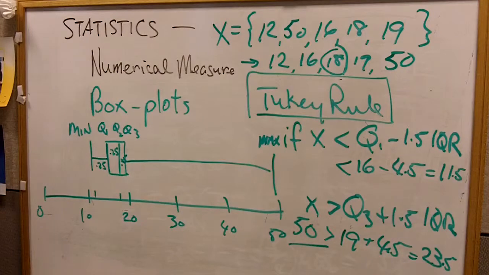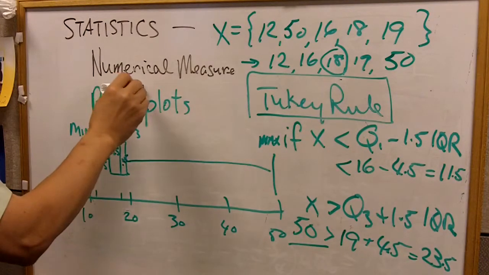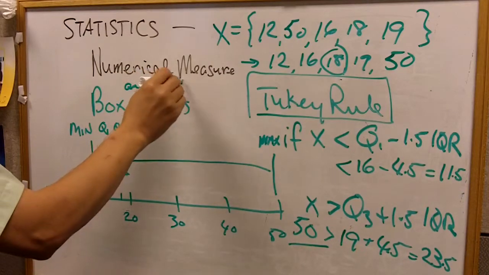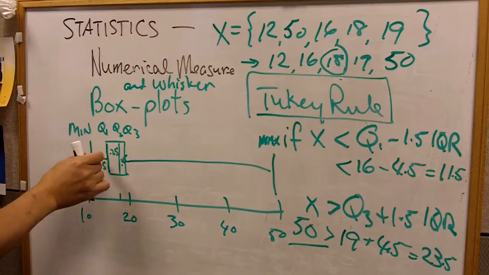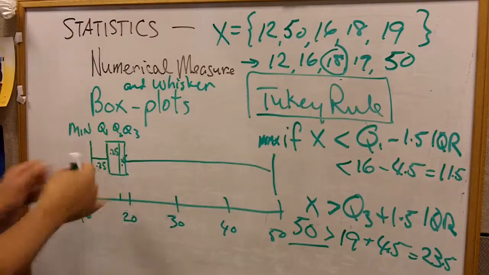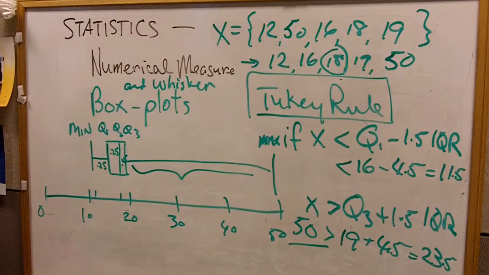In fact, here's a box and whisker plot, because of the whiskers extending from the box. And needless to say, this spread, the longer whisker, is much bigger than the one on the left-hand side.